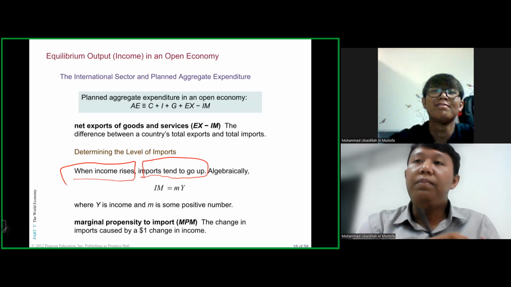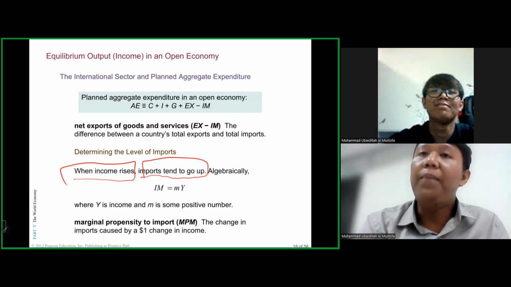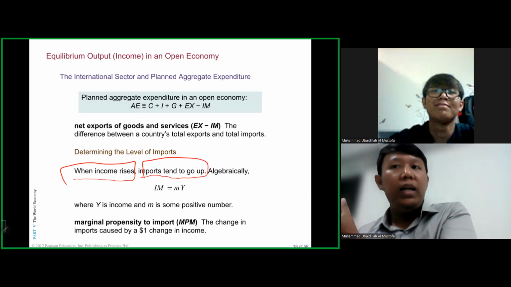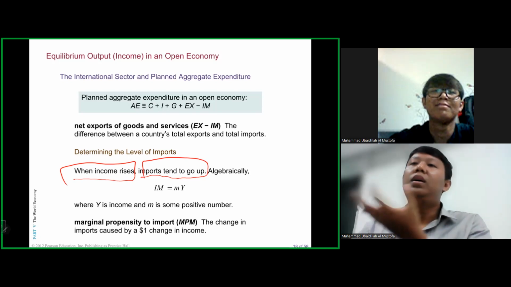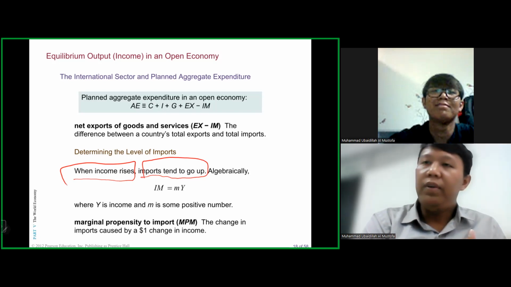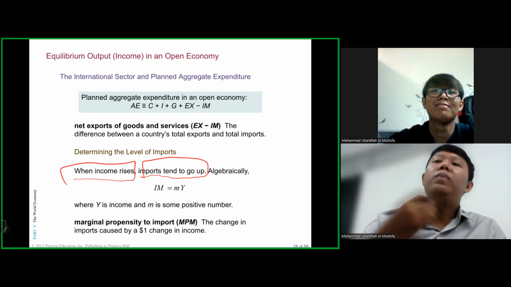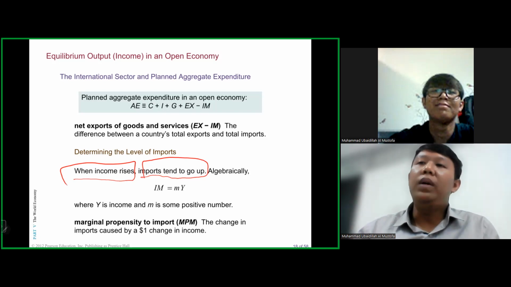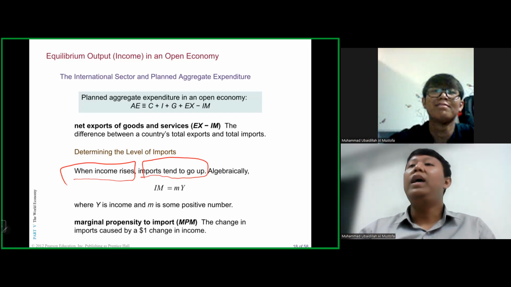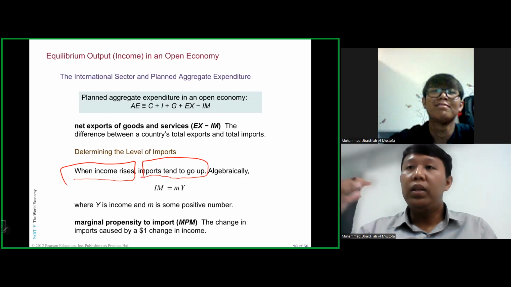When we have an increase in income, our import usually goes up, because when our salary increases, we tend to consume more products and services, and these products and services are imported.